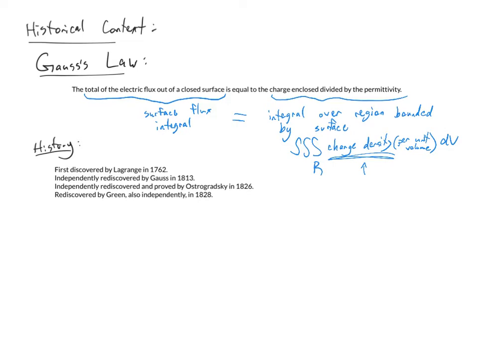And then Green, when he was flying through and proving his theorem, his Green's theorem for line integrals, he discovered this also in the context of electromagnetism in 1828. Didn't offer a proof, but I think he did offer proof, but it had already been proven once.